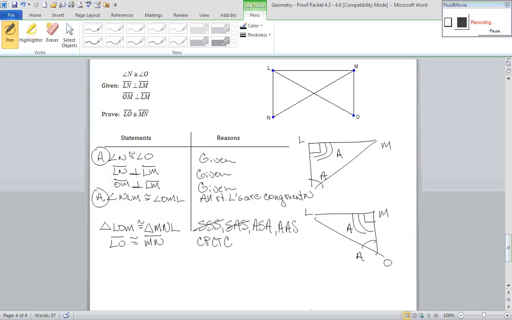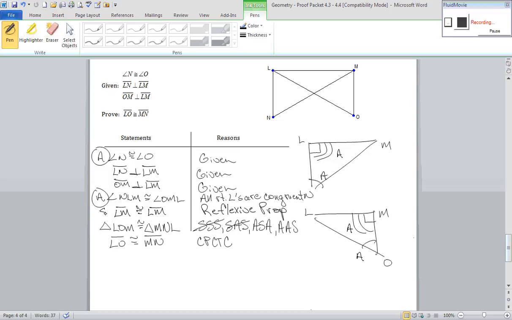Now, if you look up here, again, our options: reflexive property, no; definition of midpoint, no; segment addition, no; CPCTC, not here because we still have to prove the triangles congruent. So what we have left is LM and ML. Well, hopefully you see there, and looking here, you can see LM, ML. These are congruent through the reflexive property because they are, in fact, the same segment.